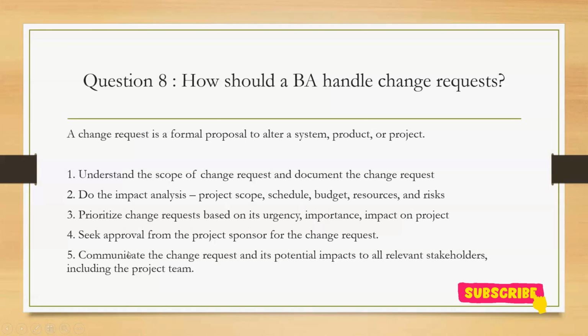You need to get approval from the project sponsor for the change request. Okay. So once you have received the approval, what happens? You would communicate this change request and its potential impacts to the relevant stakeholders, including the project team, and we start implementing and developing that particular change request.